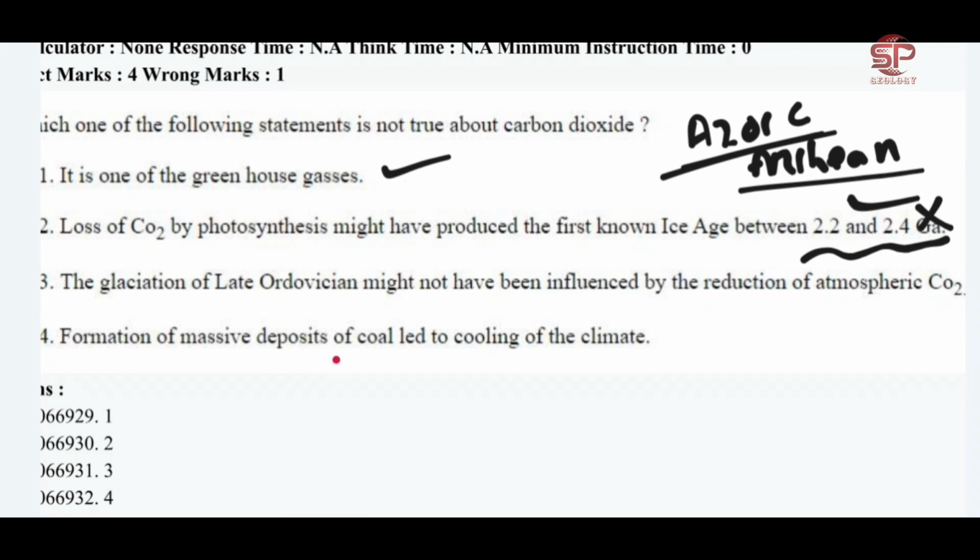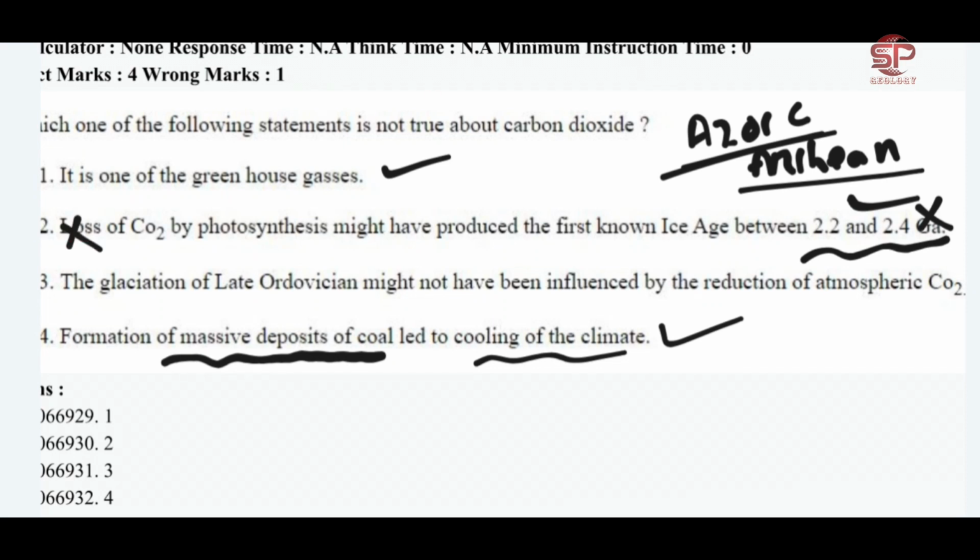As it acts as a greenhouse gas, the heat radiated from the Earth's surface is captured by the carbon dioxide, so it maintains the temperature. If the amount of carbon dioxide decreases, the temperature will decrease also. So massive coal deposition can cool the climate. That means this one is incorrect.